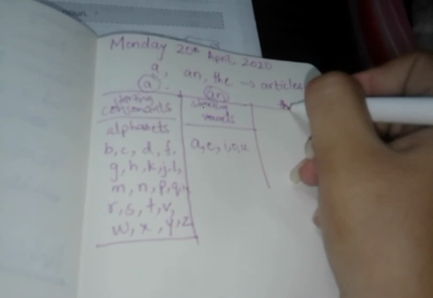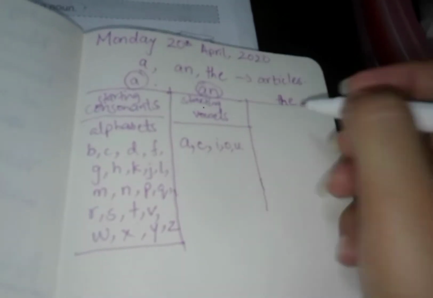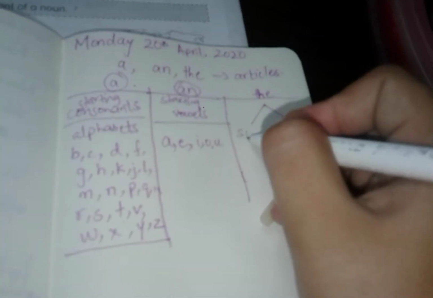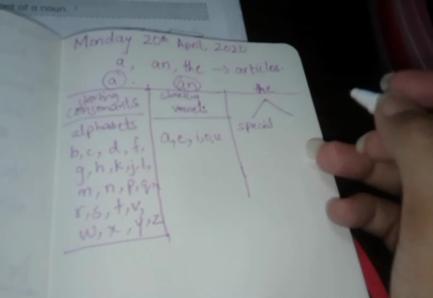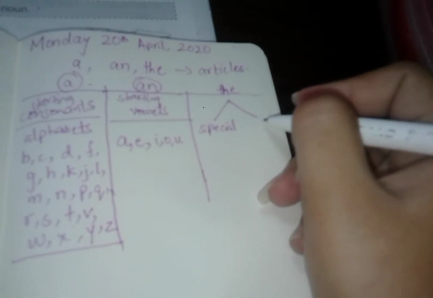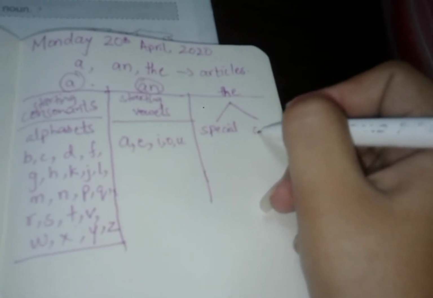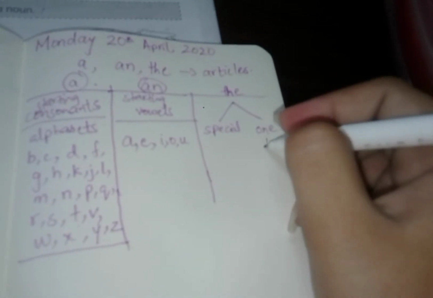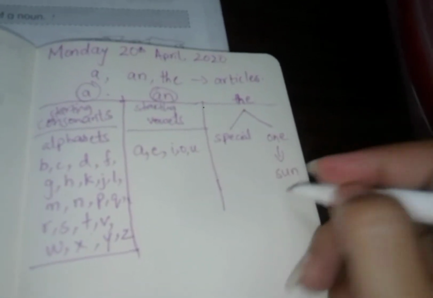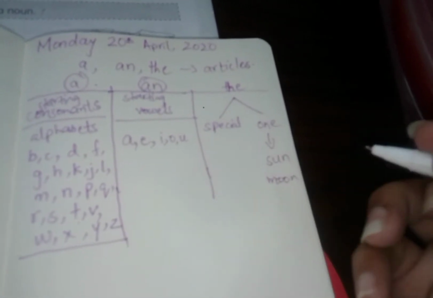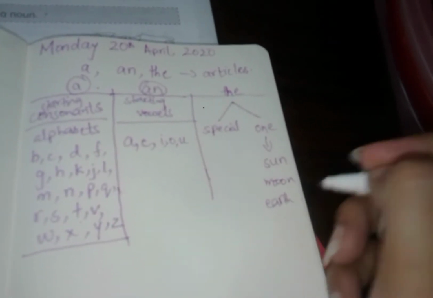Now the is the article that is used in 2 situations. Whether the noun is special, or that noun is only one. For example, there's only one sun, there's only one moon, there's only one earth, right?